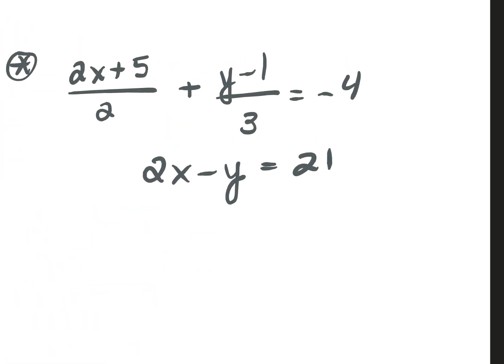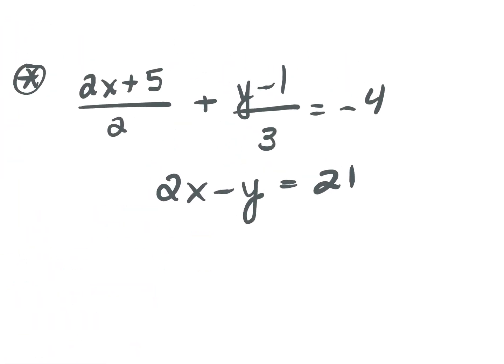All right, let's look at the next. Again, we have fractions. How can I get rid of the fractions? Multiply by 6. Perfect. Because 6 will get rid of both the fractions here. If you wanted to, you can multiply everything by 2 and then multiply everything by 3 to get rid of both of them, but just do it all together and multiply everything by 6.